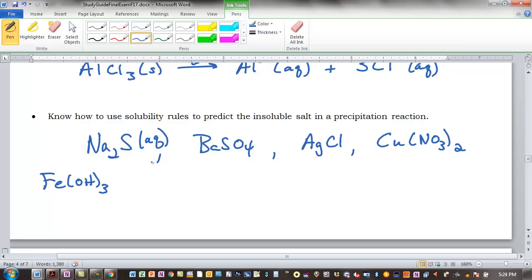So once you see sodium, you're done. You could come down to sulfides at the bottom, which are generally insoluble, but if it has an alkali metal or the ammonium ion, it is soluble. So you can just see sodium ion and call it good. So that one's soluble. We'll put aq after it because it will dissolve.